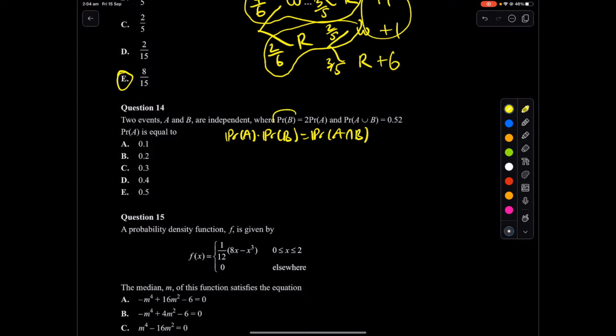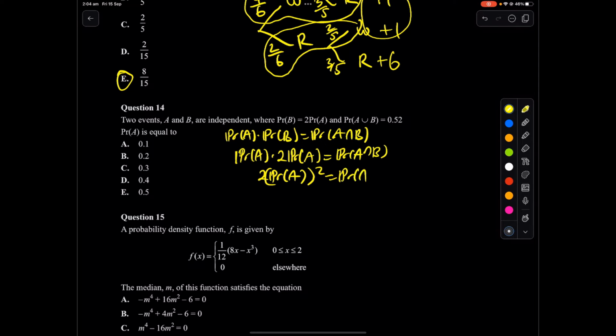We know probability B is equal to 2 times the probability of A, so it'll be probability of A times 2 times probability of A equals probability of A intersection B, which is 2 probability of A squared. Okay.